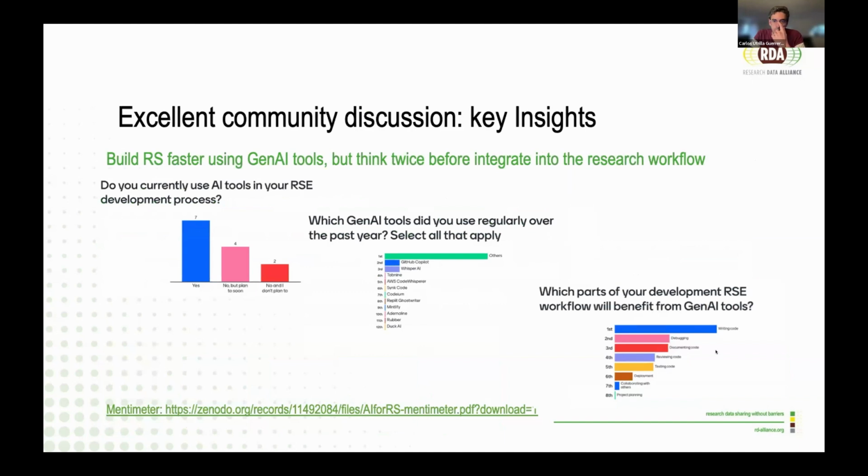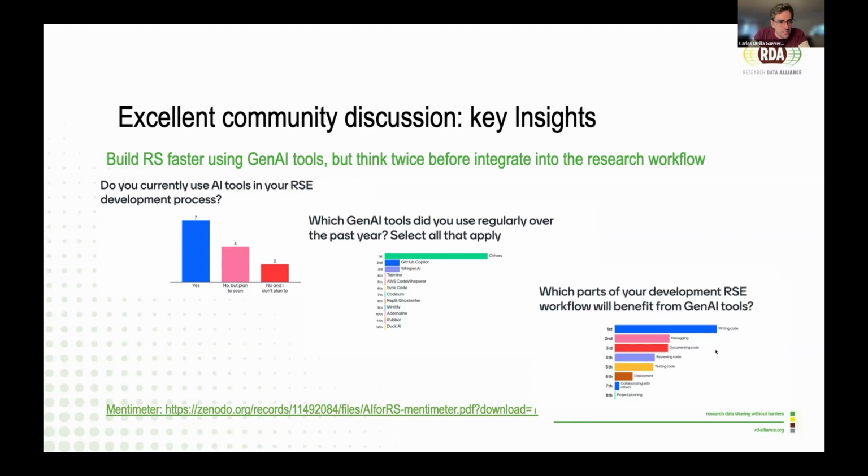That was one of the major activities and insights that we got, because we had an interactive discussion through Mentimeter, and also a hands-on session using GitHub Copilot. One of the bigger experiences that we saw using generative AI is that we can actually build research software faster with those tools, but it is very hard to integrate this into our research workflow.